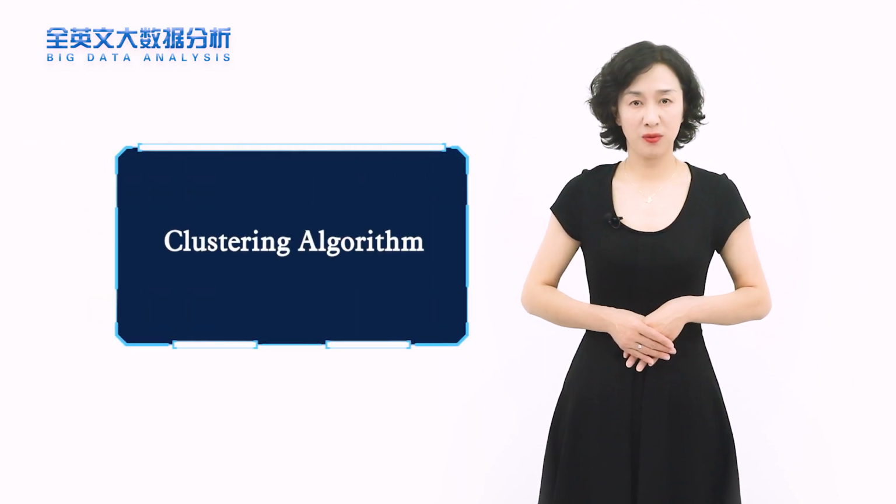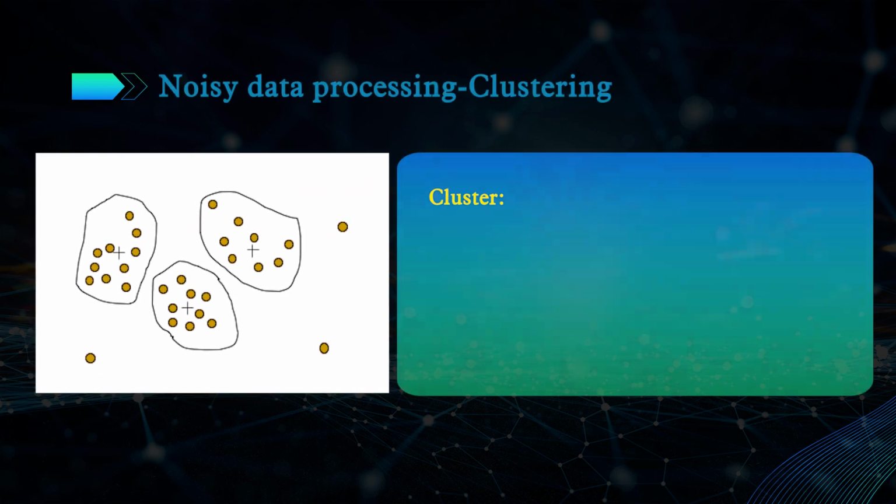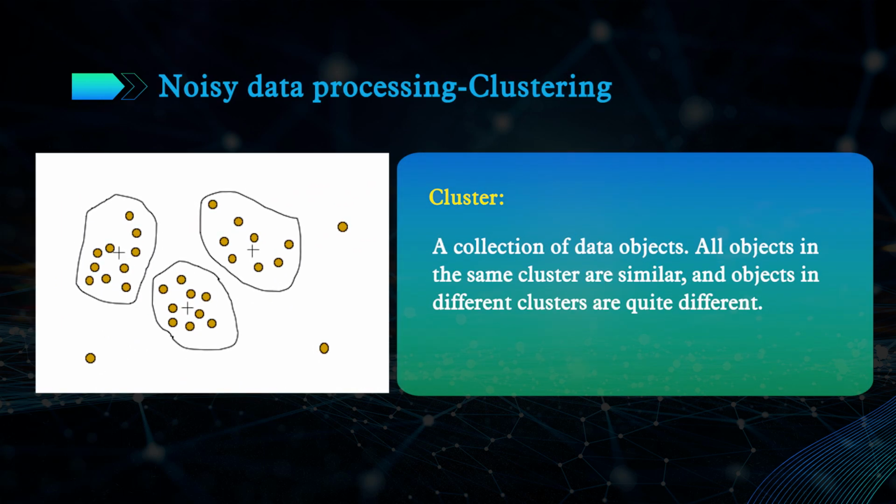The second way of eliminating data noise is the clustering algorithm. Now let's look at the clustering algorithm. A cluster is a collection of data objects, and all the objects in the same cluster are similar, and objects in different clusters are quite different.